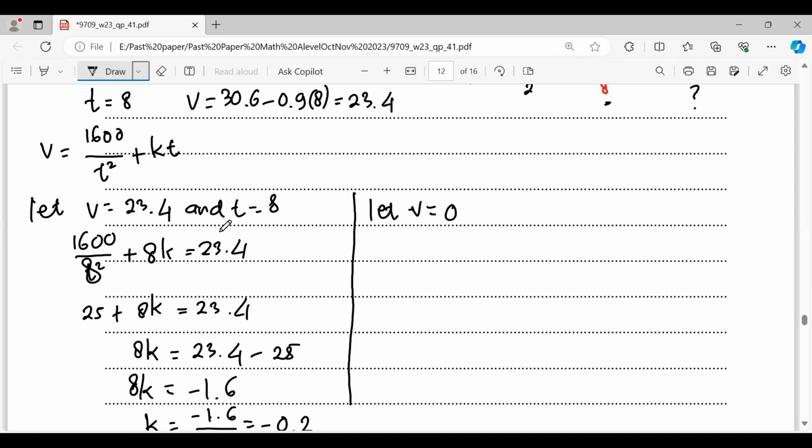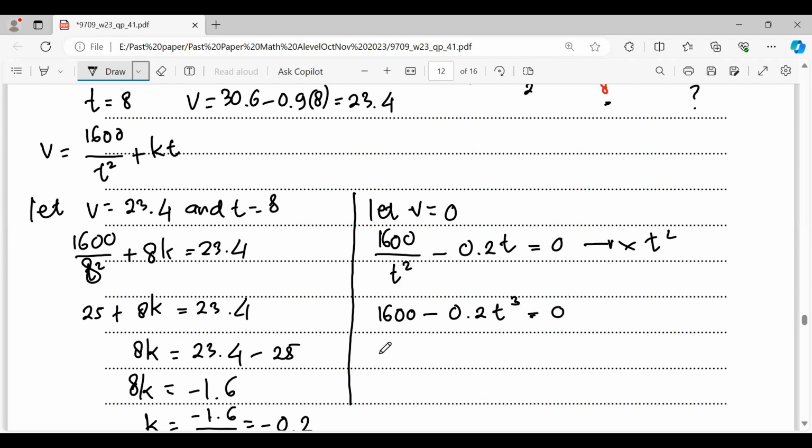So if phi equals 0, this equation will be 1600 over t squared minus 0.2t equals 0. Then multiply by t squared, 1600 minus 0.2t cubed equals 0.